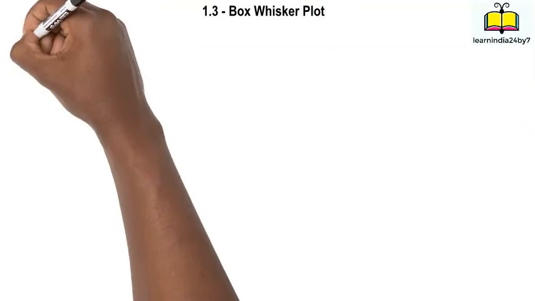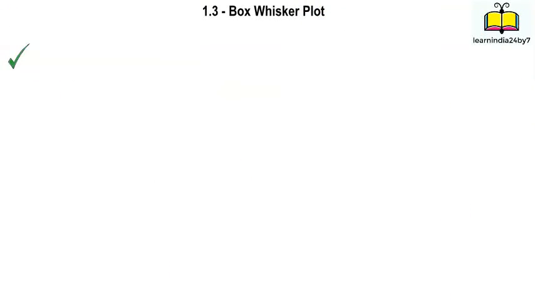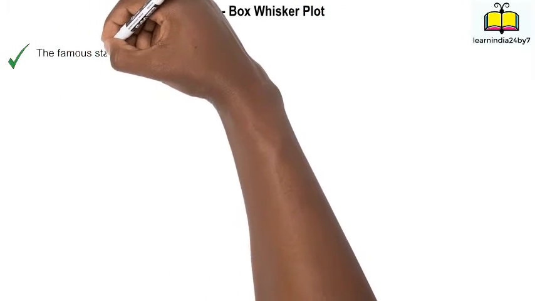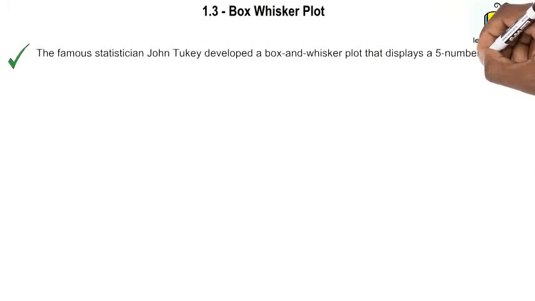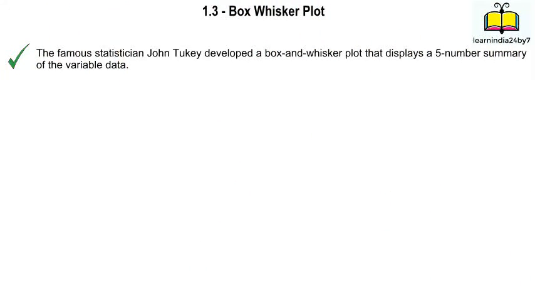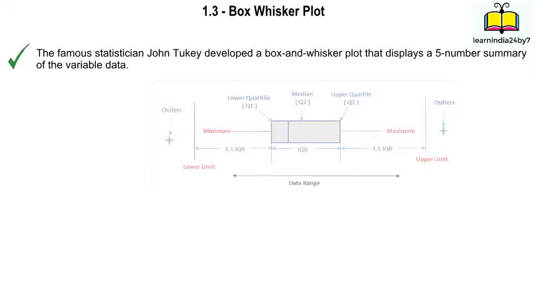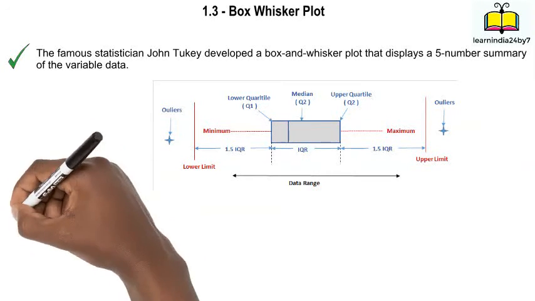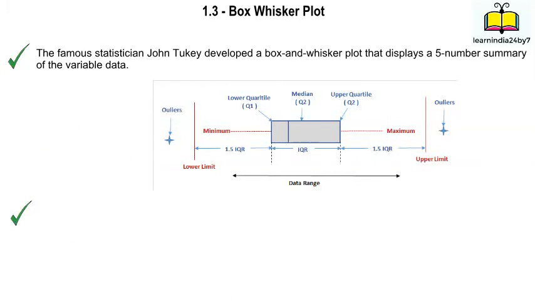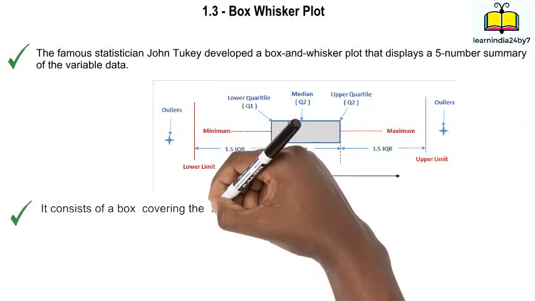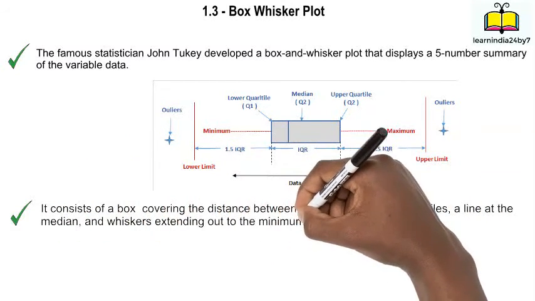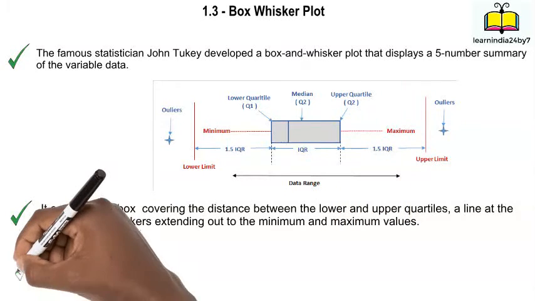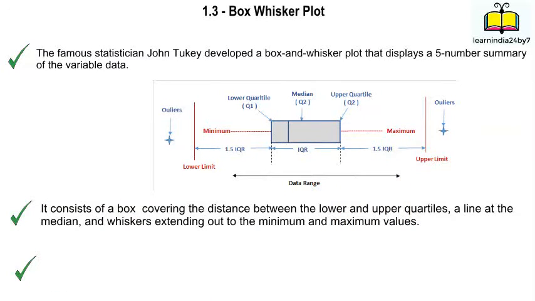Friends, let's discuss the box and whisker plot now. It was developed by John Tukey. It displays a 5-number summary. It has a box at the center, a line at the median, and two whiskers extending to the minimum and maximum values.